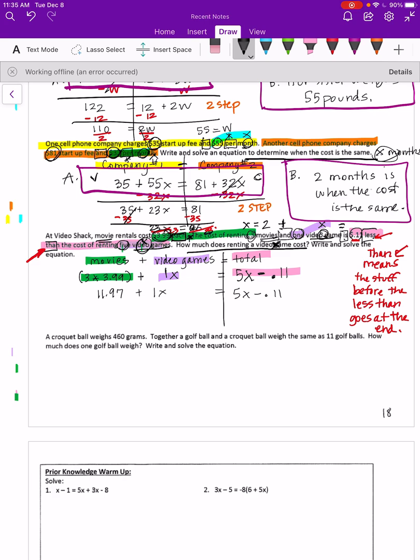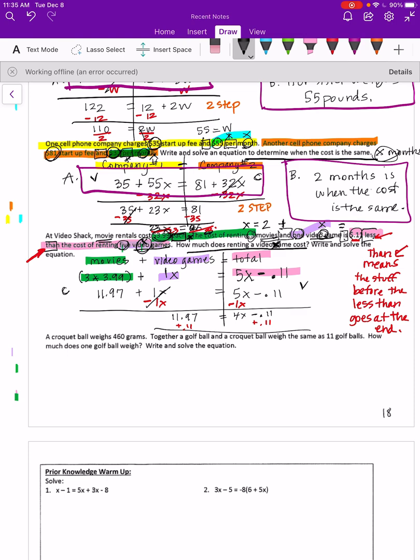Do I have variables on both sides? I do. I need to make variables one side. I'm going to make this my variable, and I'm going to make this my constant. So I am going to subtract the 1x to my other side. So that gives me $11.97, those cancel, equals 4x minus 0.11. Then I'm going to add 0.11 to both sides.